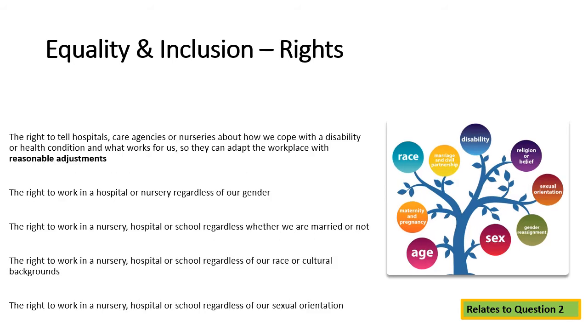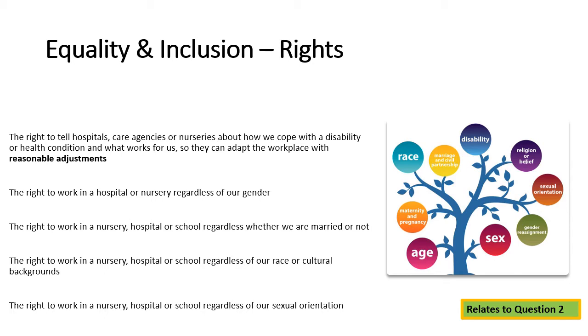So some more examples of rights on this slide. The right to tell hospitals, care agencies or nurseries about how we cope with a disability or health condition and what works for us, so that the workplace can be adapted with reasonable adjustments to help and support us to work there. The right to work in a hospital or nursery regardless of our gender. Now, you looked at safeguarding, and sometimes, especially with regards to working in a nursery, nursery is often seen as a female job role, and it really isn't only a female job role, and men do work in nurseries.